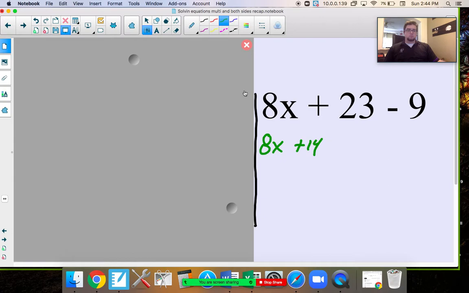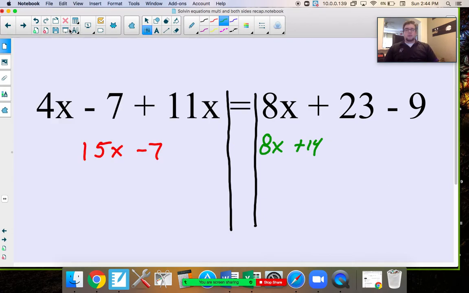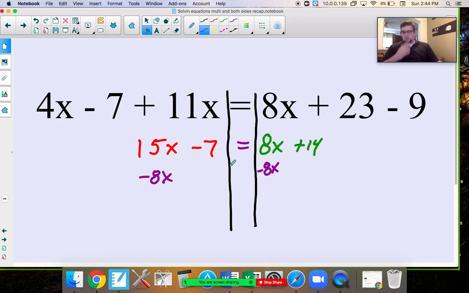Now that everything is simpler, now I'm going to worry about moving x's from one side to the other. I don't do that until everything is simple. I'm going to subtract the 8x. It's the smaller value. It's going to make my life easier almost all the time. So I subtract the 8x.